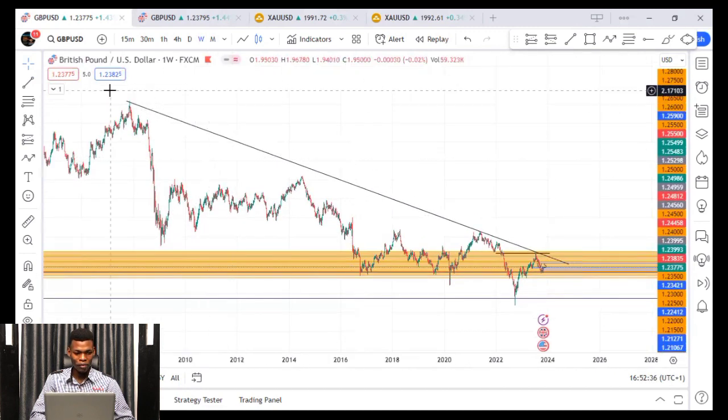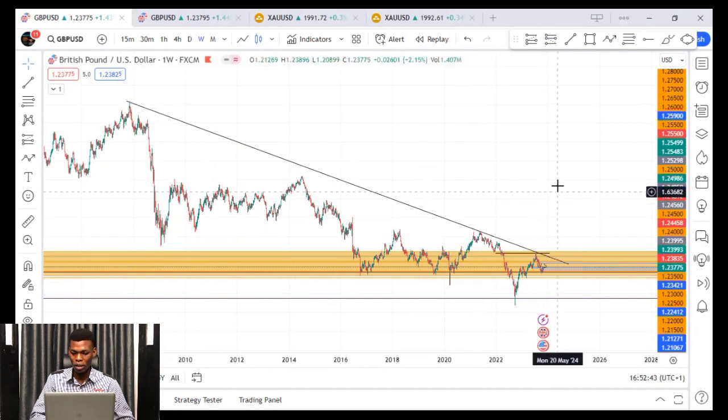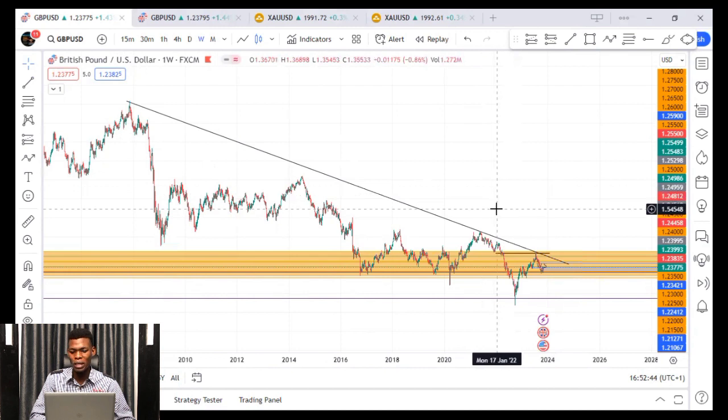You can see this is the first touch we created on our monthly time frame, this is the second touch, and this is the third touch. Like you see, the market is still respecting the trend.